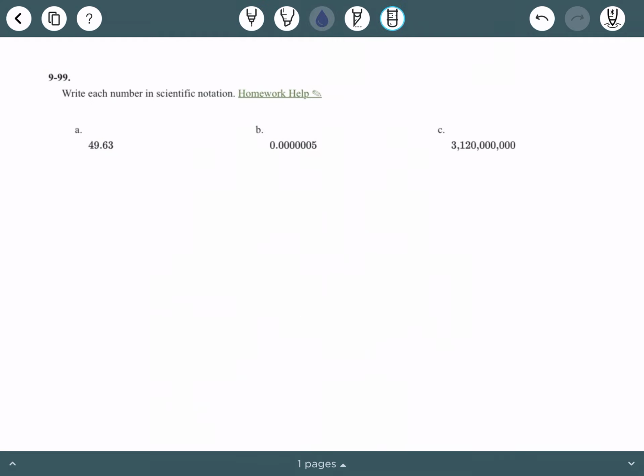All right, part B. Again, wow, we have a really tiny number here. It looks like I have 0.000000005. I want to check just to be sure.